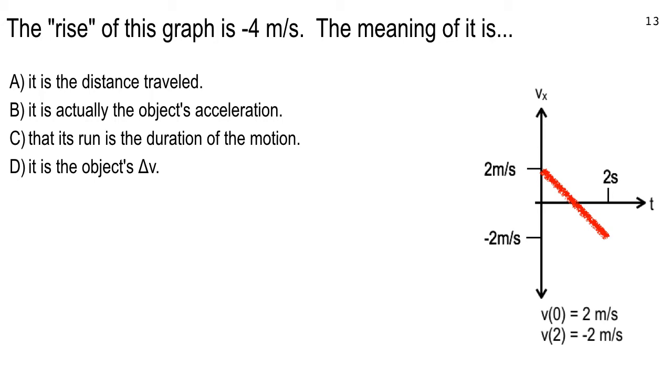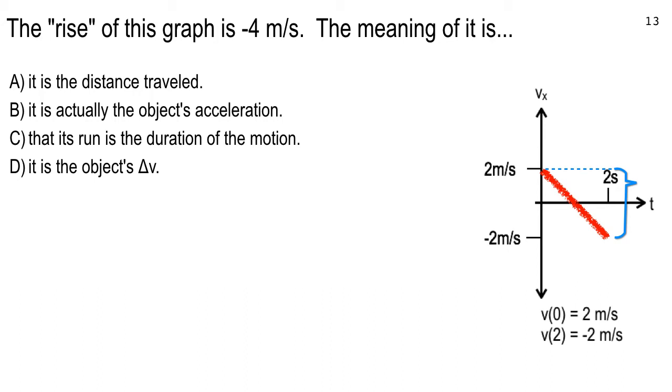Okay, good. Go ahead and show this. We have a little bit of controversy here. The majority of you voted for D, and D is correct, the object's delta V. A significant group voted for A and B. Go back to the laptop, please. So A and B, the distance traveled.